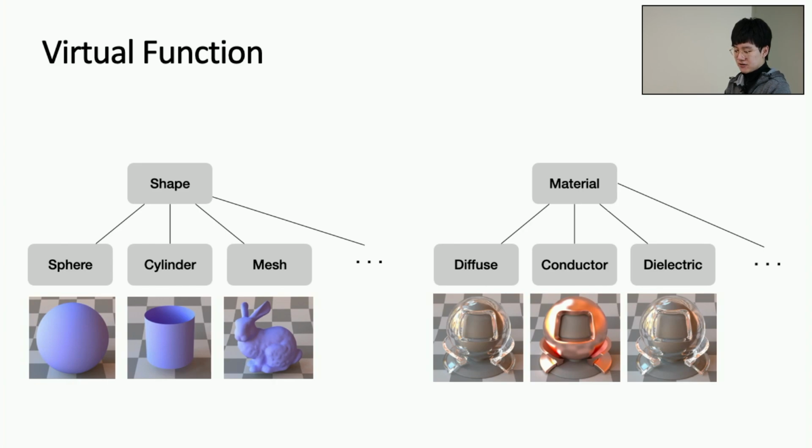Enzyme currently cannot differentiate through it transparently. It requires rather complex manual modifications of the virtual function table in order to make it work.